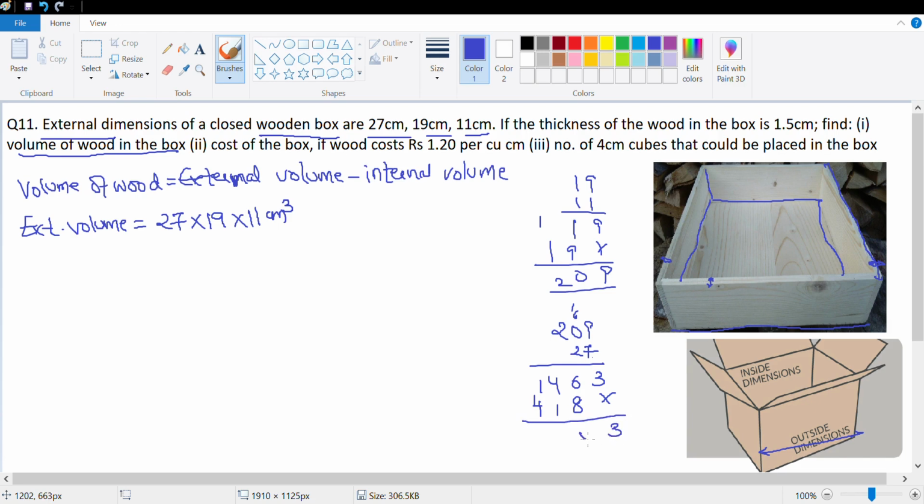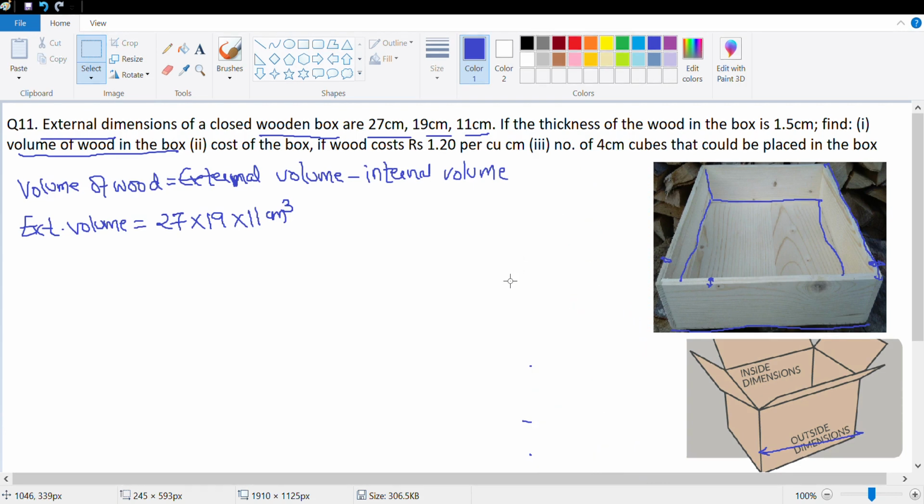This is 3, 8 plus 6, 14, that's 6, 5. So this is 5,643. I'll need this space for more things, so I'll just quickly erase this. So this is 5,643 centimeter cube. Next, we need to find the internal volume.